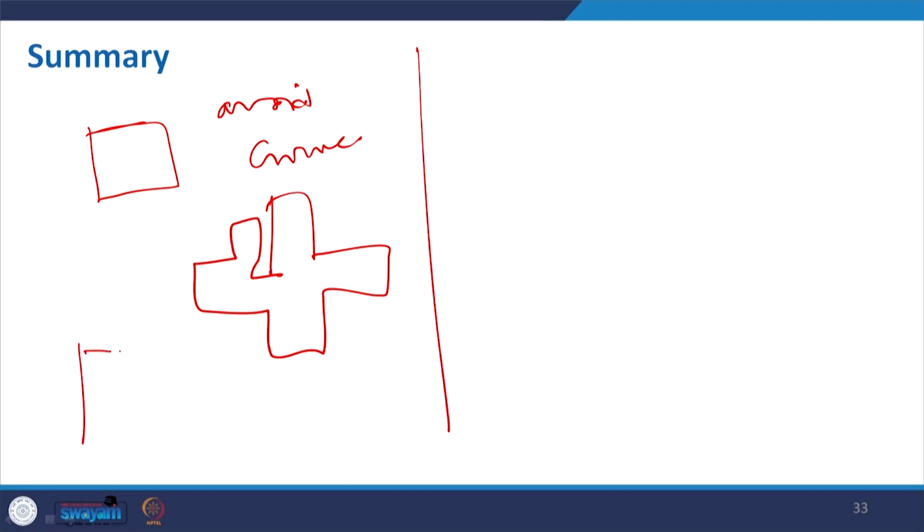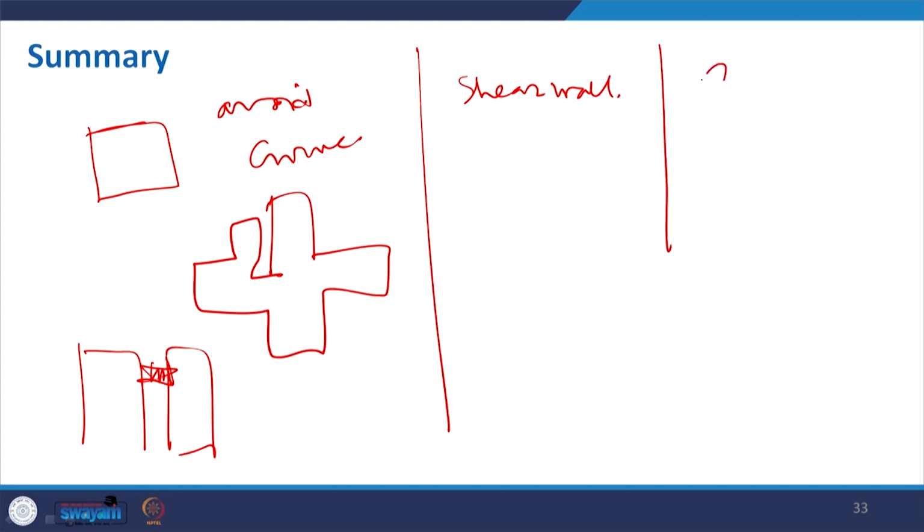So whenever you have two buildings close to each other, we can either use a shock absorber, or we can use the expansion joint that we just discussed in the last slide. And in the structural system, we can use the shear wall instead of a normal wall or infill. We should avoid the soft story.